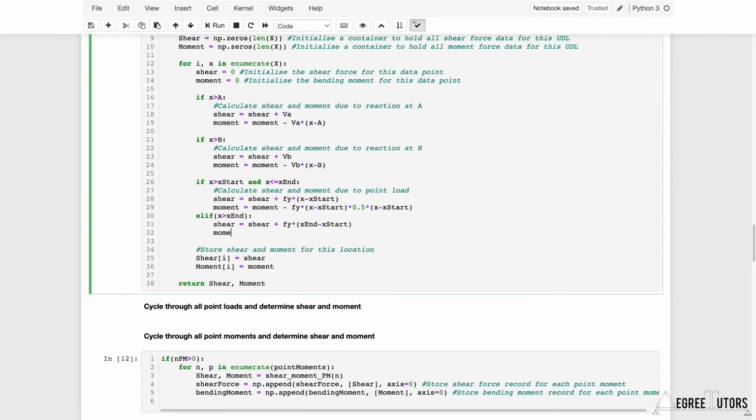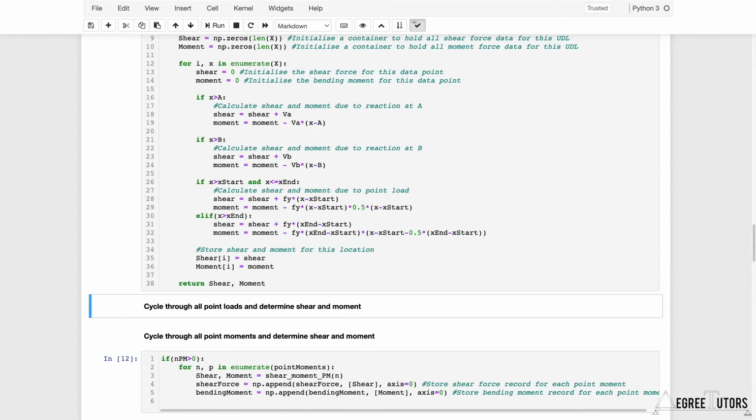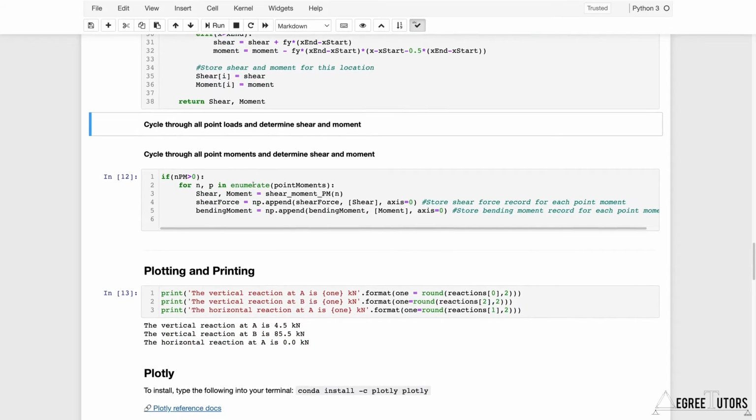All right, and the moment is going to be the moment minus the same force, right? So it's the same force times the lever arm. Now the lever arm in this case, as we said, was going to be x minus x start minus 0.5 times x end minus x start. Excellent. So that's your moment, and the rest of it can stay the same. So that should be, provided there's no typos in there, our function calculated.